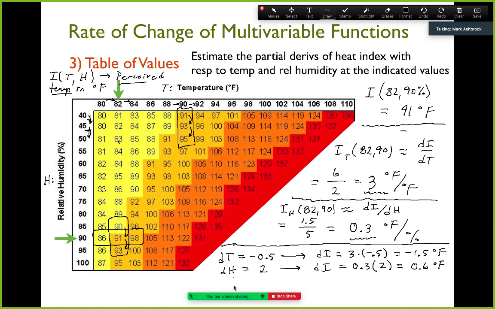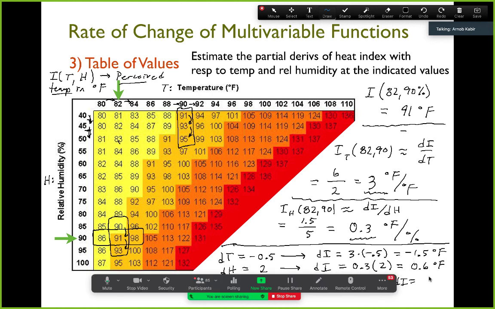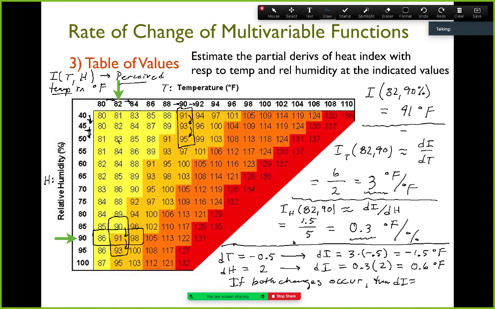Therefore, if both changes occur, then dI equals the combination of the 2, the sum. It's going to be the change in index we got from changing the temperature plus the change in index we got from changing the humidity. Just sum them up. So it'll be negative 0.9. So if both these changes occur, it's going to feel like the temperature went down almost 1 degree.